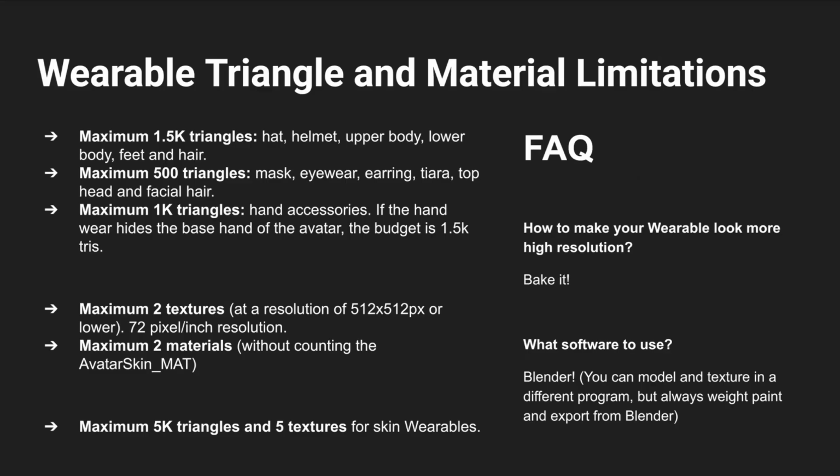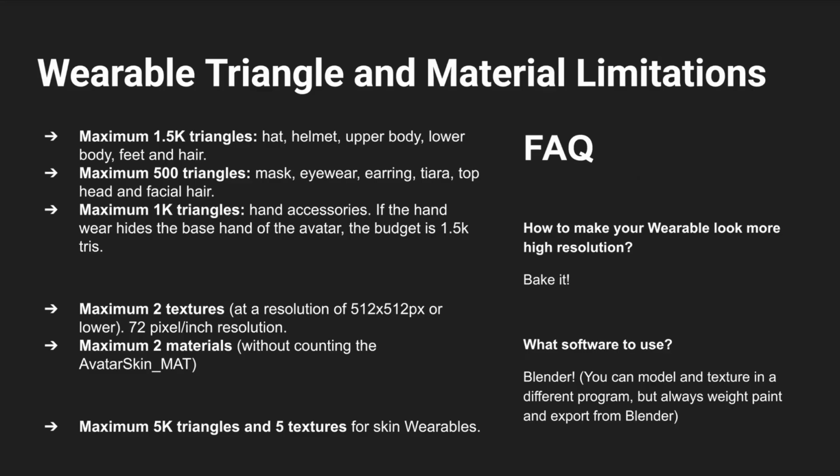A material is like a container that has properties regarding color, glow, alpha for your wearable. And a texture is something you can put inside that container, but you don't have to, and you don't always. Therefore, what's the long and short of this? You can have a maximum of 2 materials for your wearable.